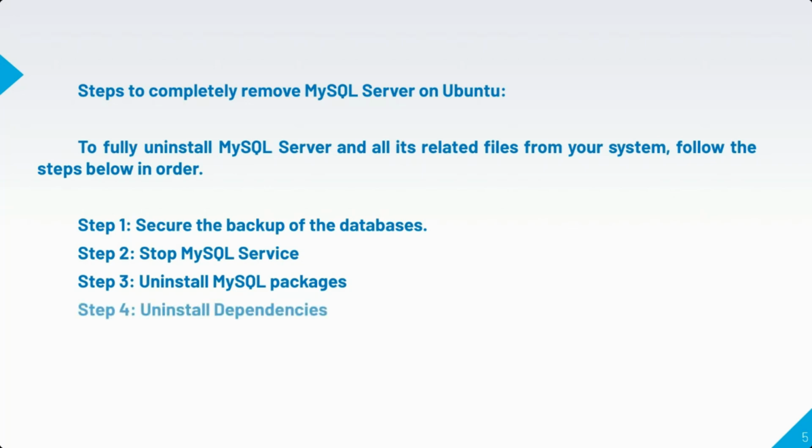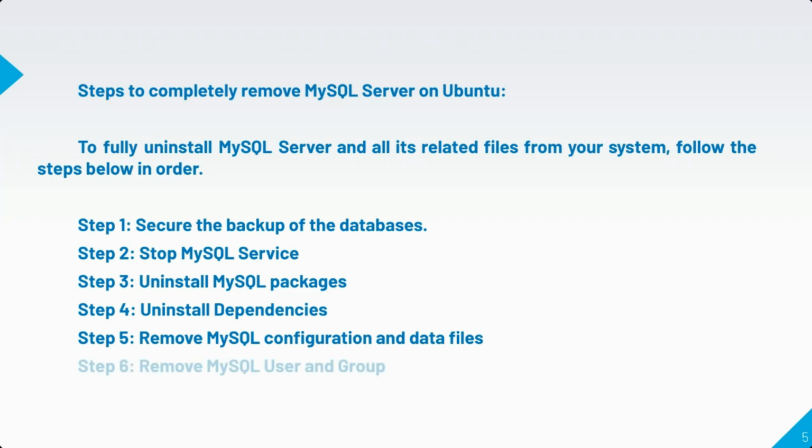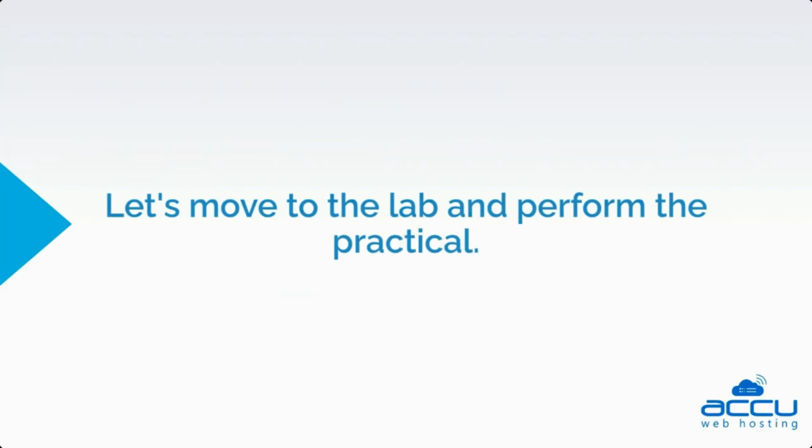Step 4. Uninstall dependencies. Step 5. Remove MySQL configuration and data files. Step 6. Remove MySQL user and group. Step 7. Verify the removal. Let's move to the lab and perform the practical.